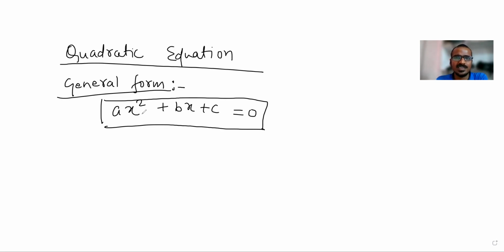Here x is a variable and a, b, c are constants. The important condition is that a should not equal 0, and a, b, c belong to real numbers.